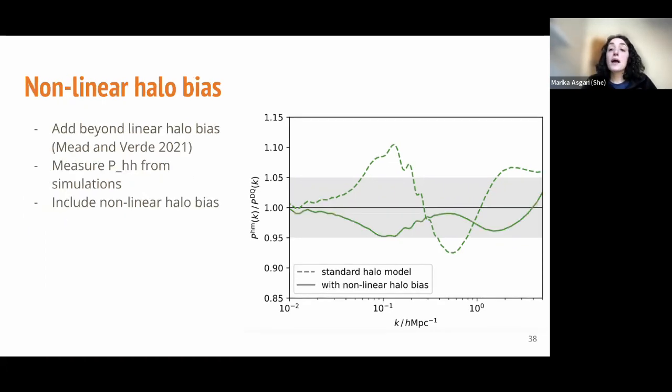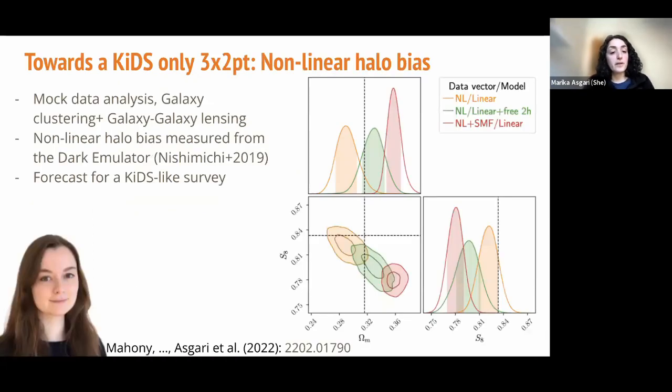Now, if we include the fact that halos are actually not linearly biased with respect to matter, so add the beyond-linear halo bias effect, then we get this solid line. And you can see that it is within 5% of the simulations. And within 5% is sufficient for analyzing data such as KiDS. This is what we showed in this paper by Constance Mahony.